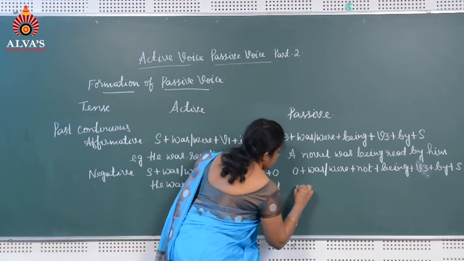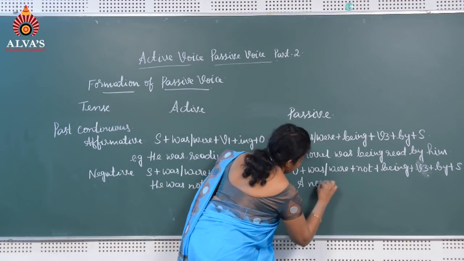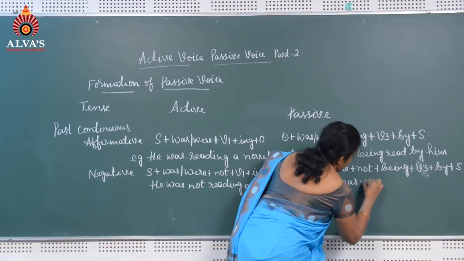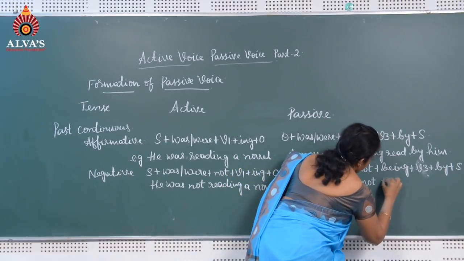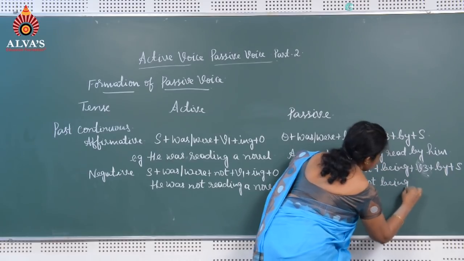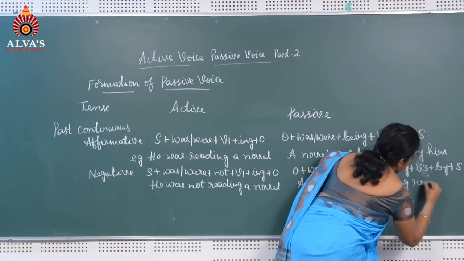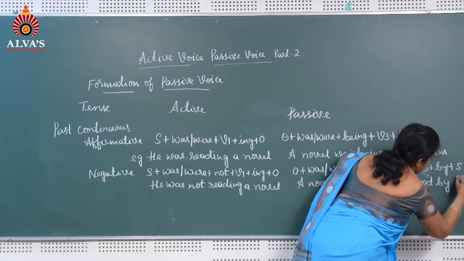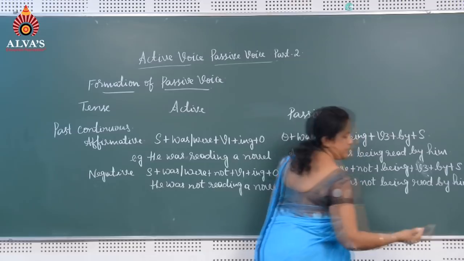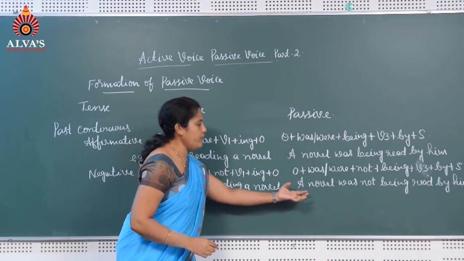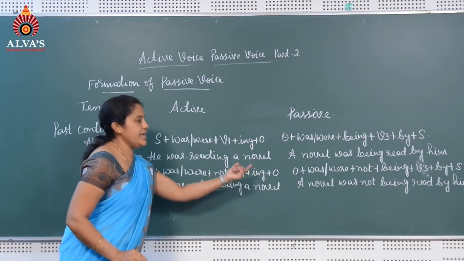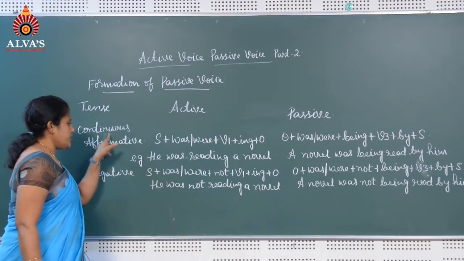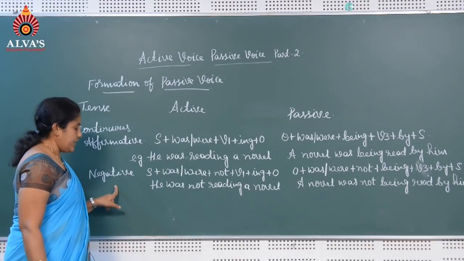It becomes: a novel was not being read by him. This is a past continuous negative sentence.